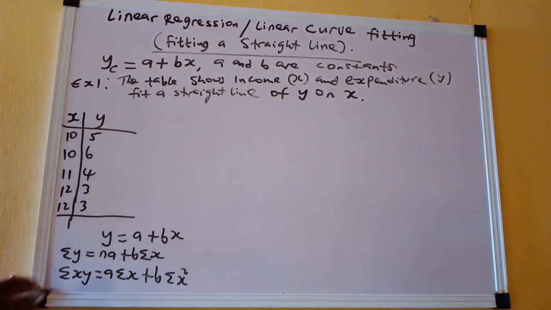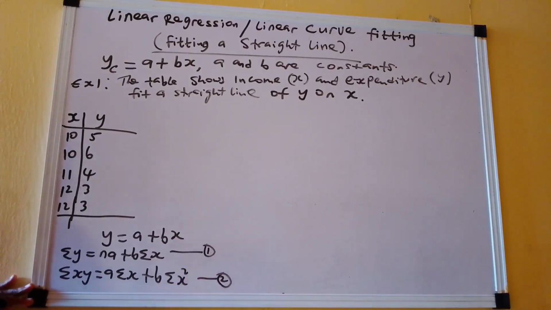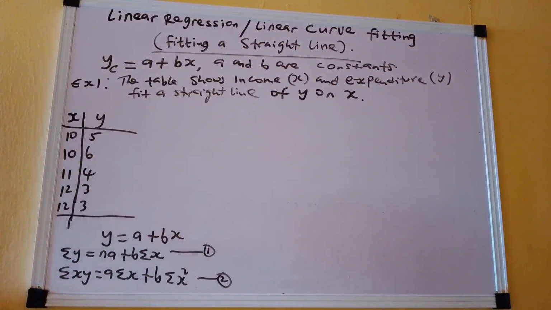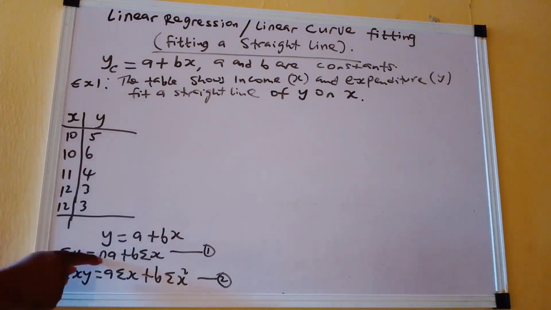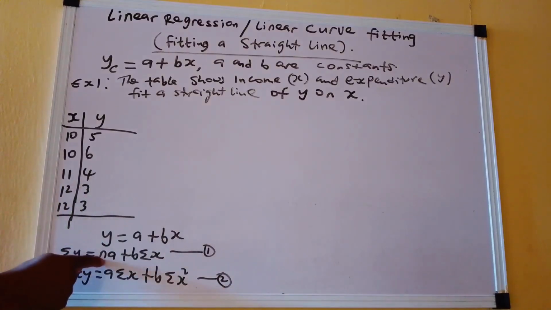You can call these equation 1 and equation 2. We are using the method of least squares, and we have generated the normal equations in an easy way. Now you can see we need summation xy. Of course, the number of observations here, n, is 1, 2, 3, 4, 5. So n will be 5.